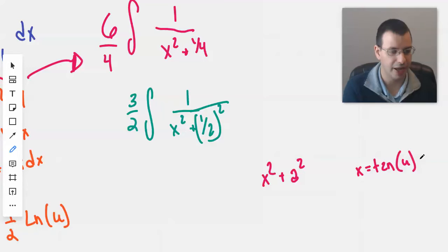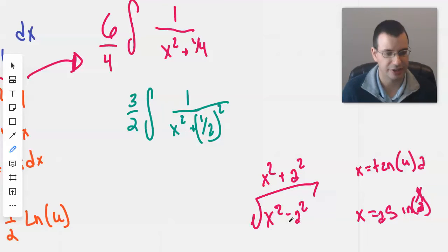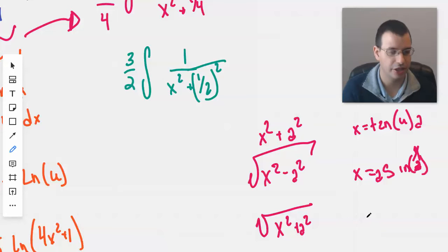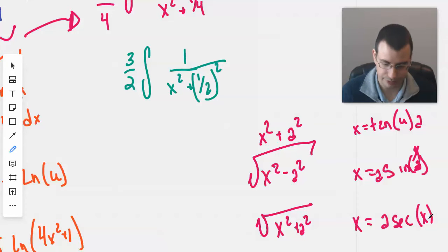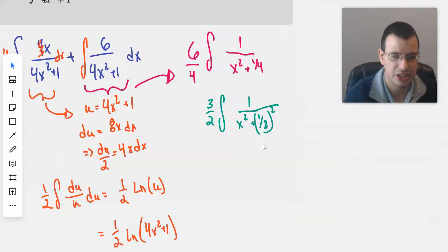If you have x squared minus a squared, then you do x equals a sine of u. The mnemonic I use for that is if you have a negative sign, then you use sine. And then if you have the square root of x squared plus a squared, you would have x equals a secant of u. But this one involves tangent, so we will go with tangent.